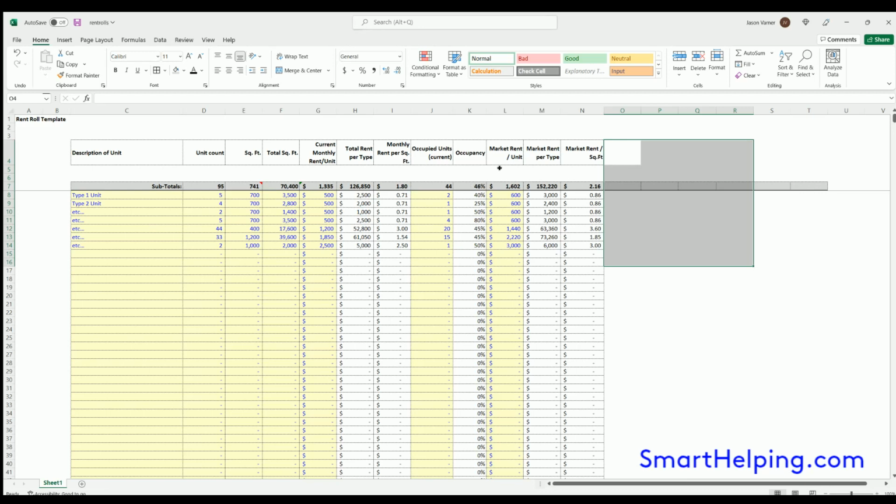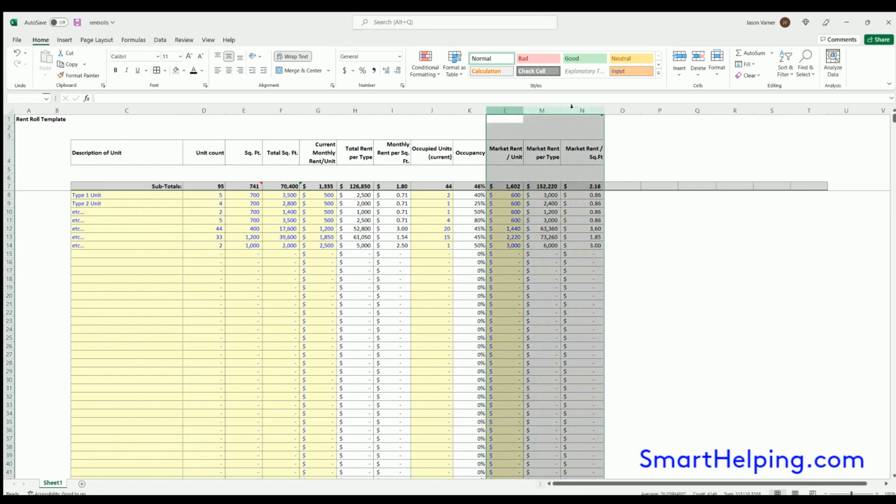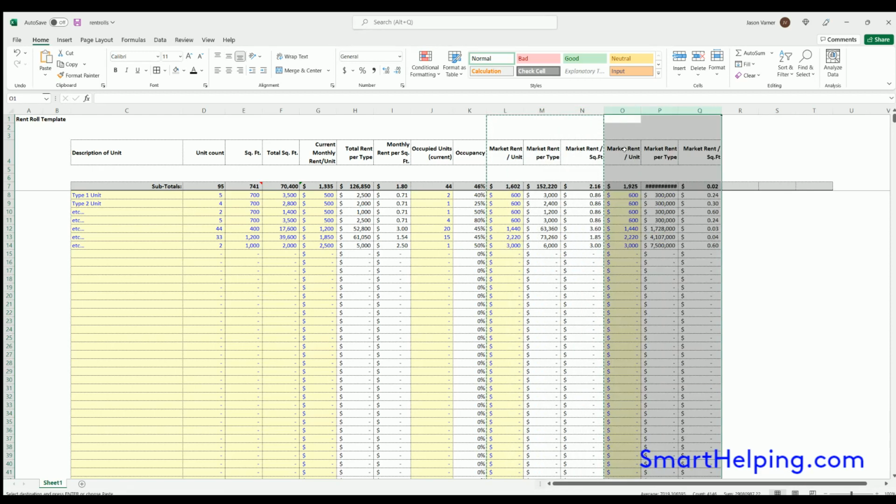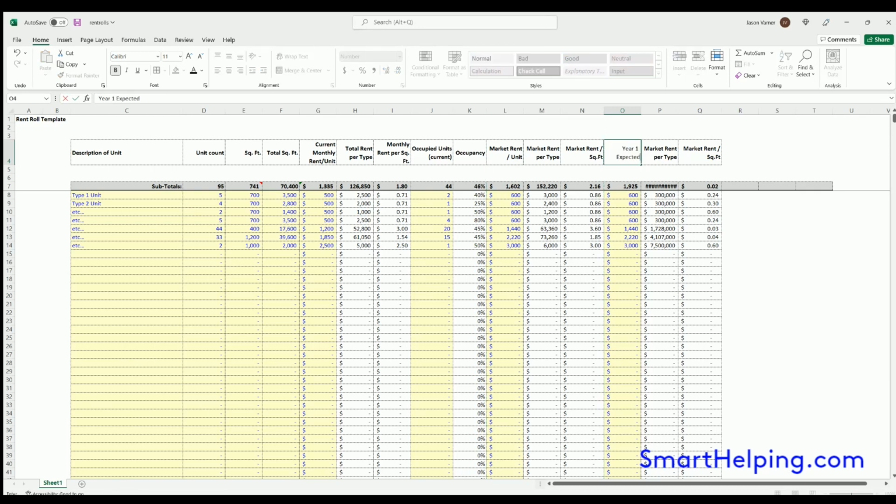So let's see, where was I? Oh, so now we have this. We want to put this as year one expected rent per unit, year one rent per type, and this is per month, and year one rent per square foot per month.